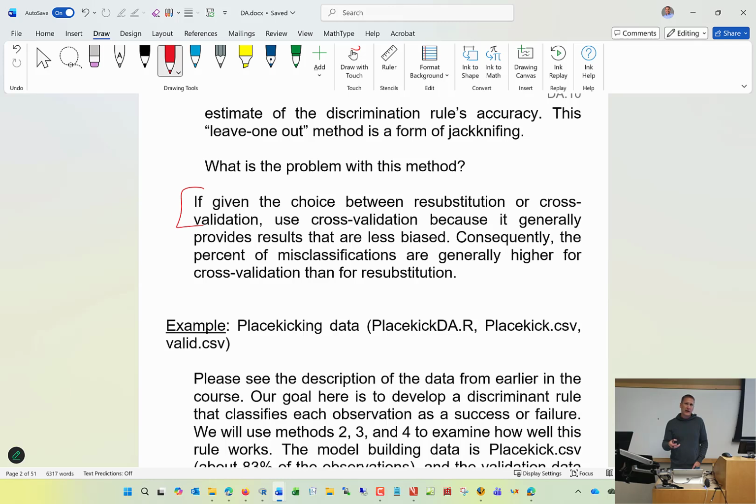It will give you a closer to unbiased estimate of what your error rate, your misclassification rate is. Because of that, cross-validation will typically result in a higher misclassification rate than resubstitution. Doesn't mean that there's a problem with the method. It's just giving you a better estimate.